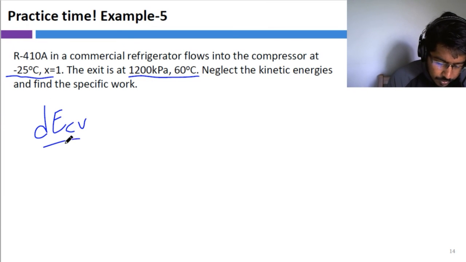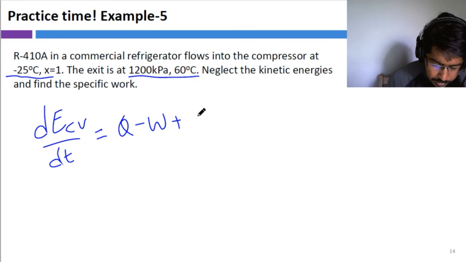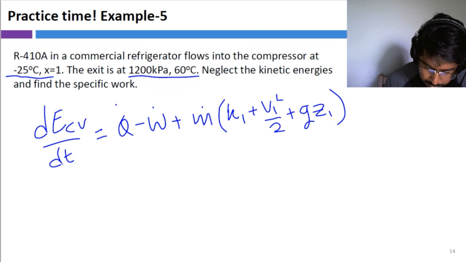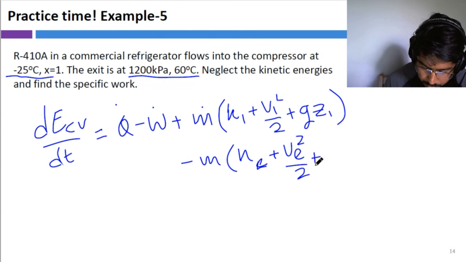dE_CV over dt equals Q minus W plus m dot times (H in plus V1 squared over 2 plus gZ1), and then minus m dot times (H2, or H exit, plus V exit squared over 2 plus gZ exit).